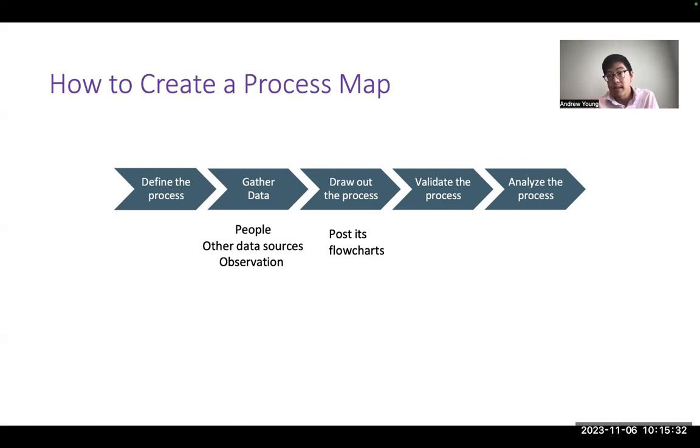Draw out the process, and then you want to validate the process. And again, the process you're writing down is the process that actually happens. There may be some variation in the process, and that might be something to note in your process map as well. And then you want to analyze it.